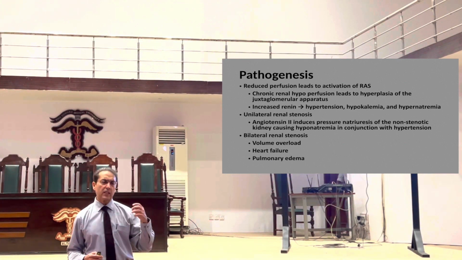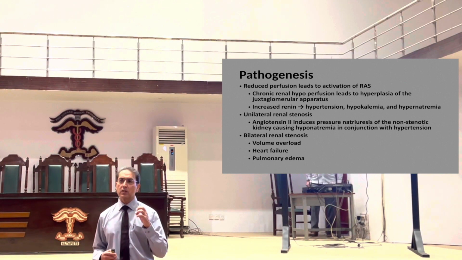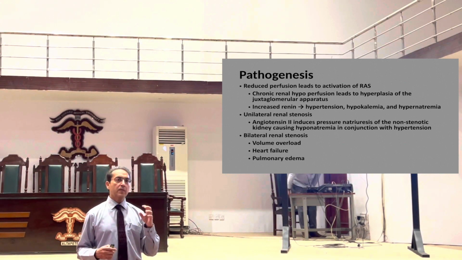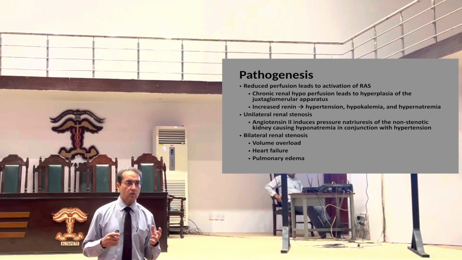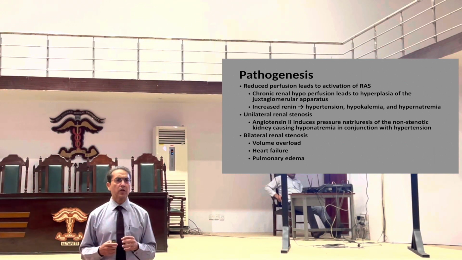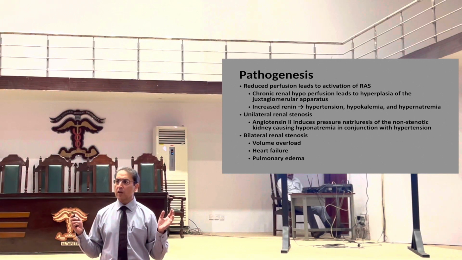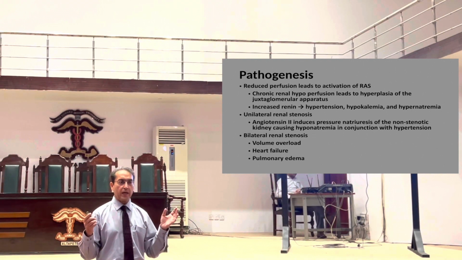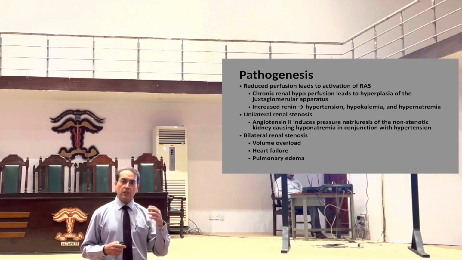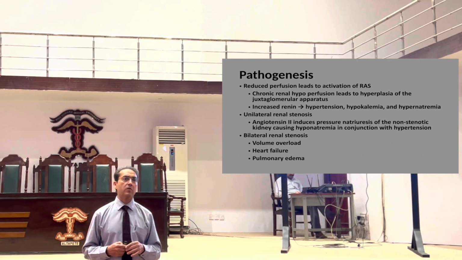Now why does this happen? Because the kidney perceives that the circulatory volume is low, as there is a small amount of blood going to the kidney, although the circulation is full. The kidney perceives that, compared to the vascular space, the volume is less. So the juxtaglomerular apparatus starts pouring out renin.